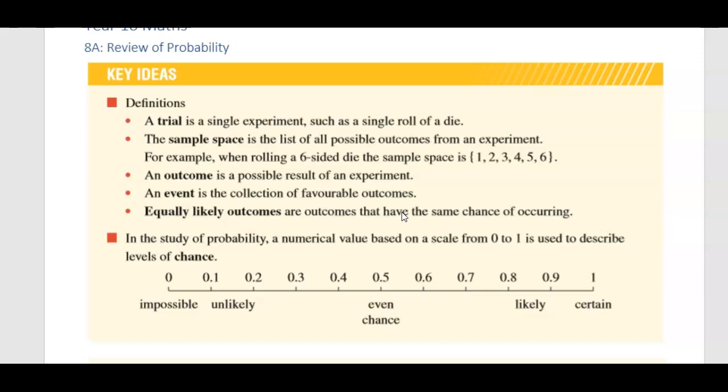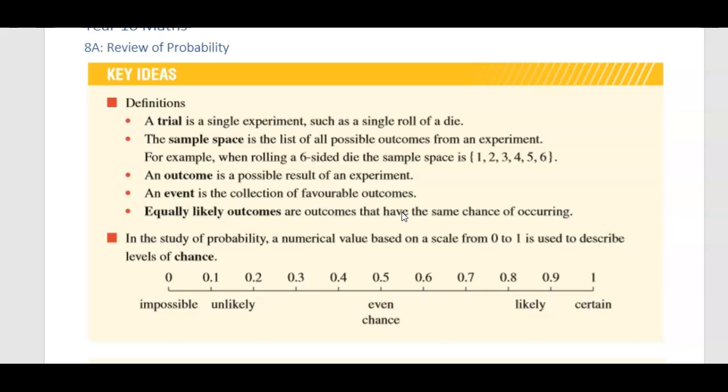All right, so definitions. You don't need to know these off by heart. You can always refer back to them. A trial is a single experiment, such as a single roll of a die. The sample space is the list of all possible outcomes from an experiment. When you roll a six-sided die, the sample space is 1, 2, 3, 4, 5, 6.